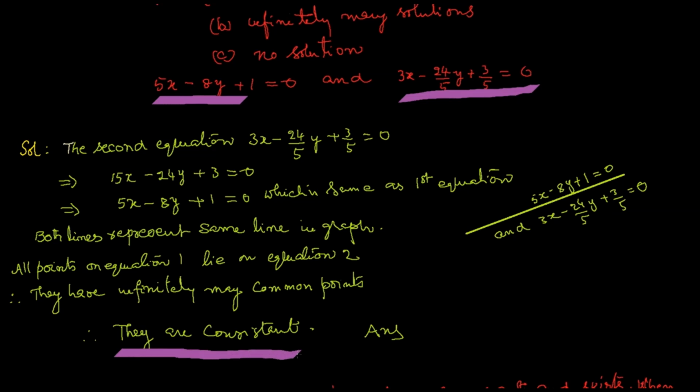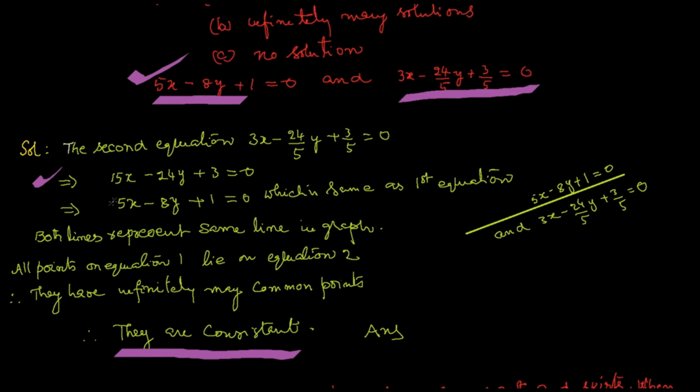Because why? 3x - 24y + 3, if you multiply by 5, it becomes this equation. What is the other equation given? 5x - 8y + 1 = 0, which is the same as the first equation.